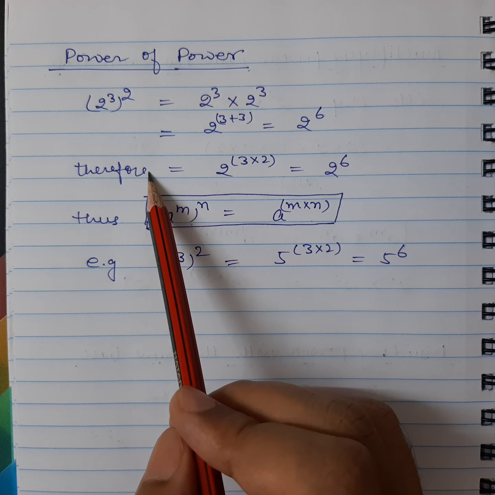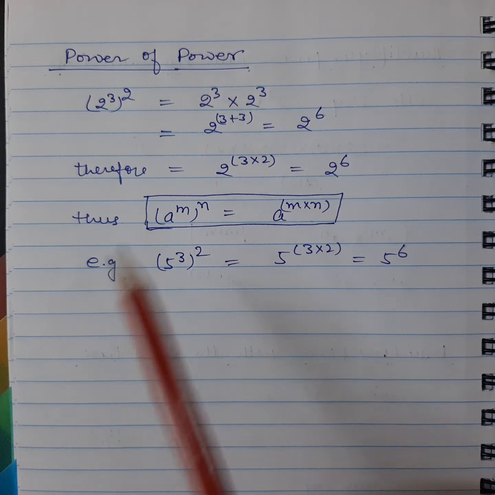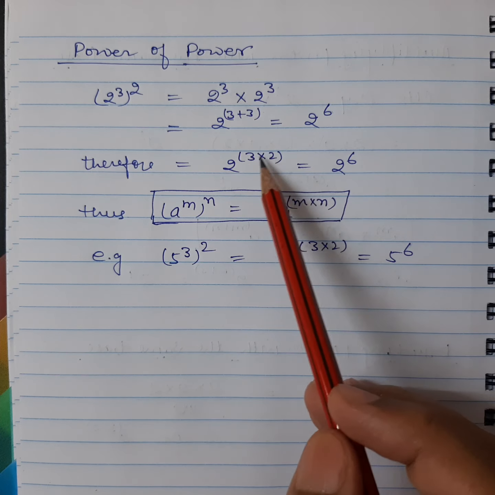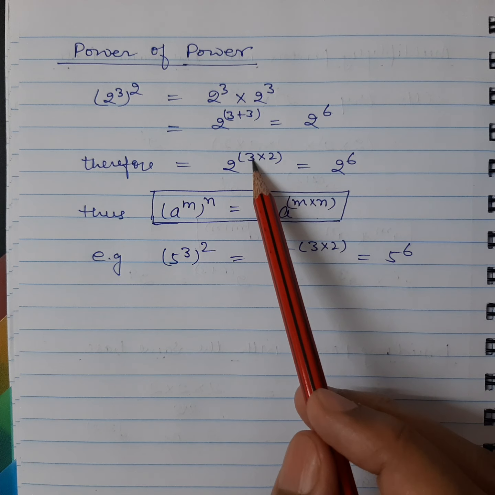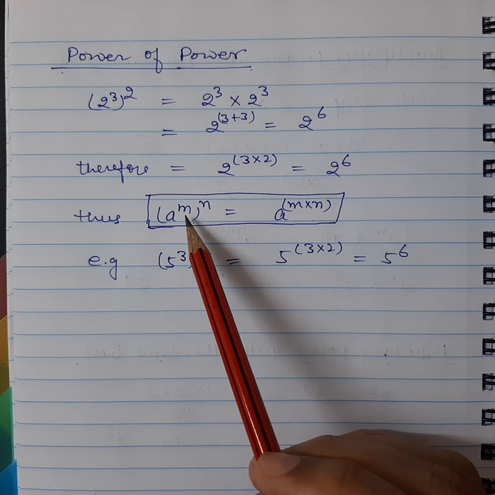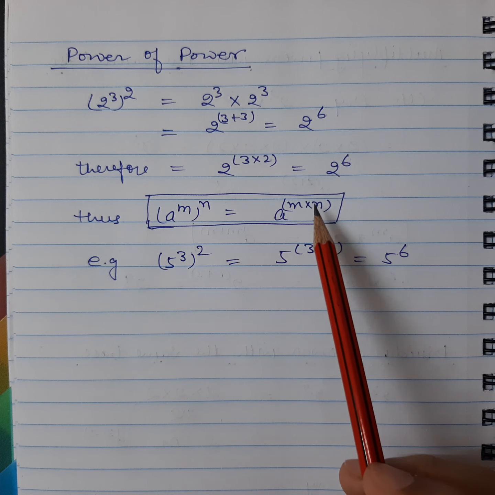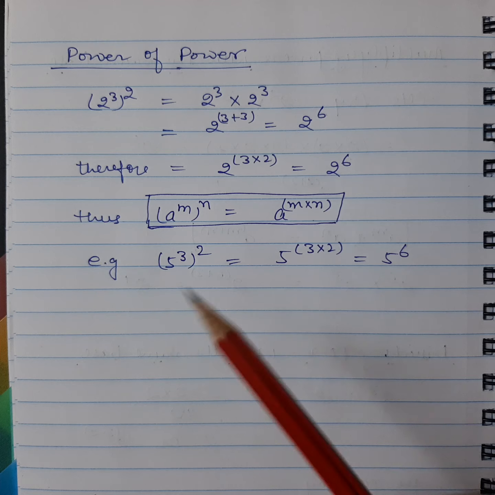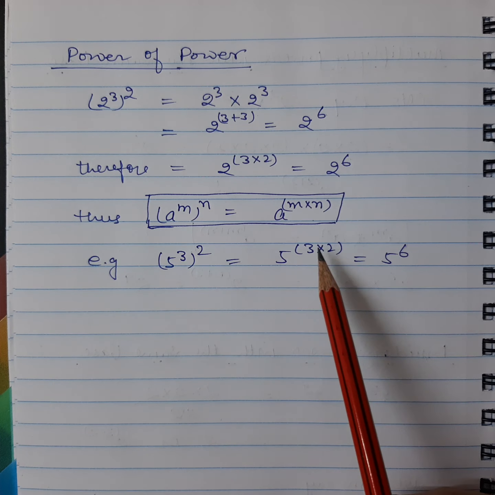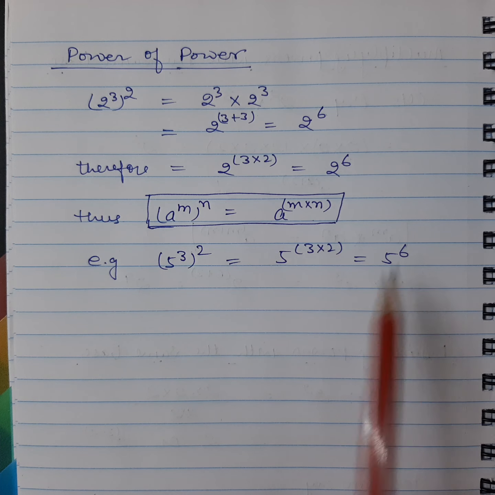We can do it directly rather than expanding first and then adding: 2 raised to power 3 times 2, that is 3 multiplied by 2, which is 6, so 2 raised to power 6. Here the formula is a raised to power m, all raised to power n, is a raised to power m multiplied by n. For example, 5 raised to power 3, all raised to power 2, will be 5 raised to power 3 multiplied by 2, which is 5 raised to power 6.